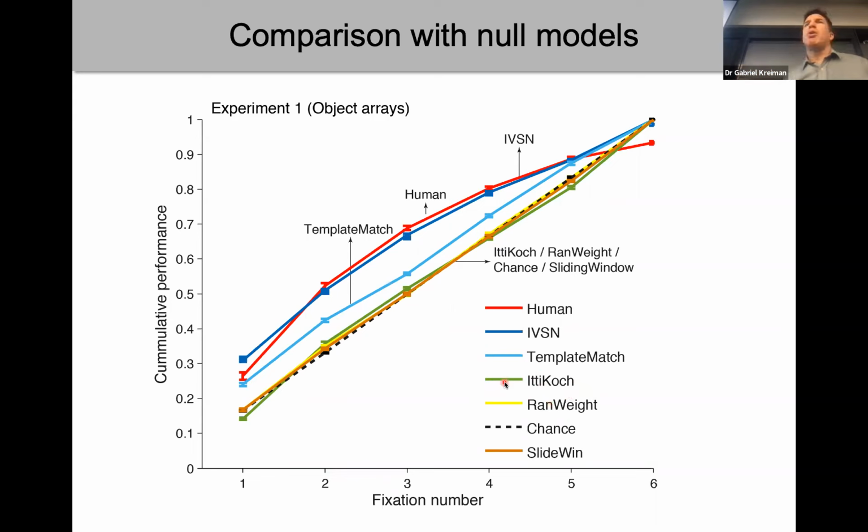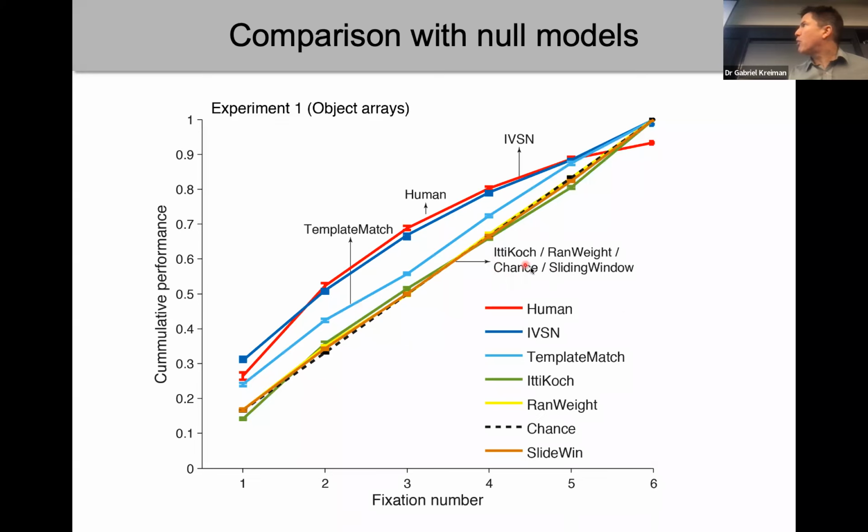There's a family of models that are called saliency models. They basically take an image and they detect what parts of the image are most interesting without information about the target. What does it mean to be interesting? Parts that have very high contrast, parts of the image where there is movement, changes in color, changes in illumination, etc. That's also a pretty bad model. It's also pretty close to chance.